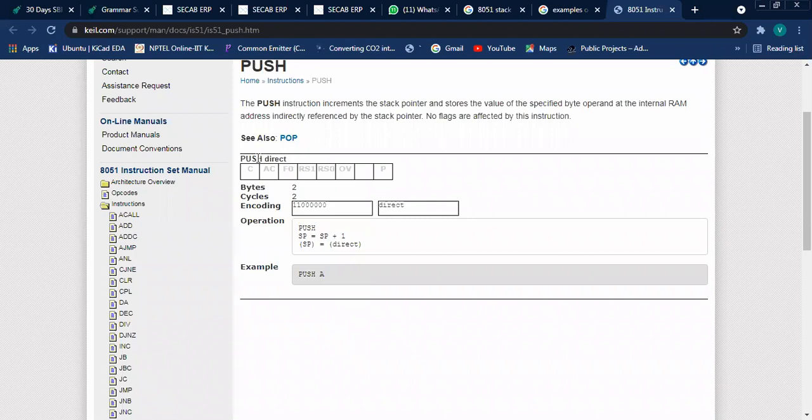Okay, so this is a push. Whenever push occurs, first what will happen? SP will be incremented by 1. Then SP will become 08.